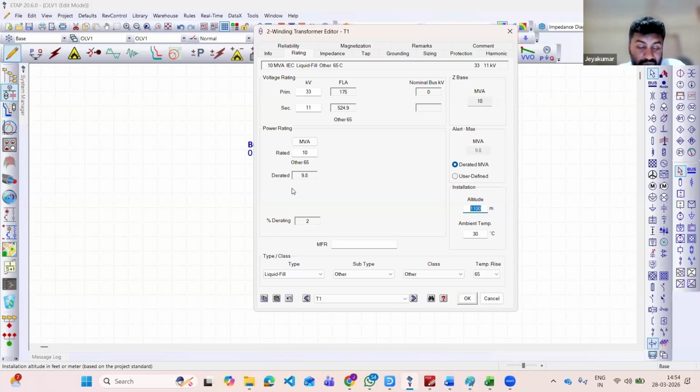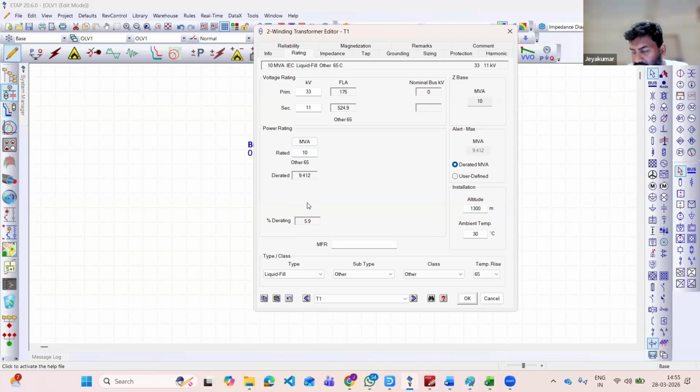This is one case. So maybe every 100, you see that it is getting derated. Can you see that? Every 100 it is getting derated, right? So ideally your transformer will be derated like that.